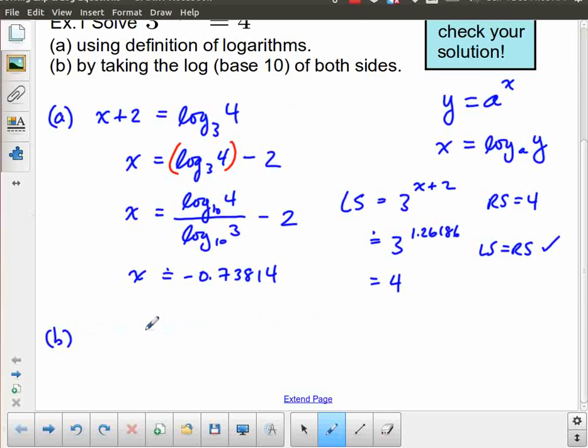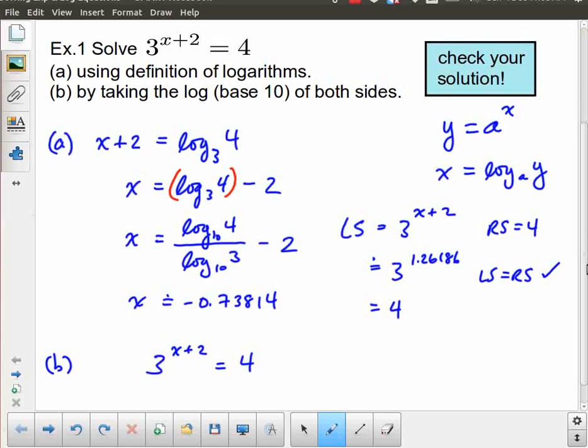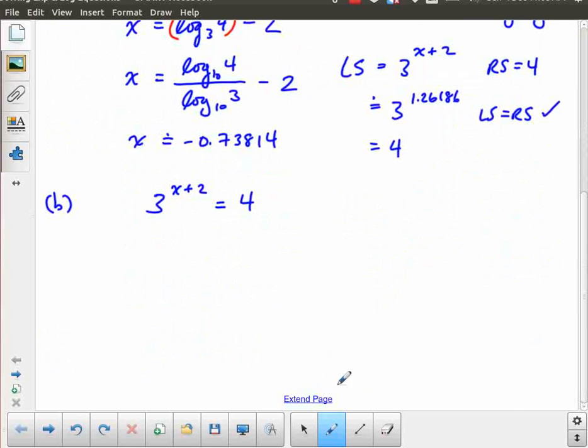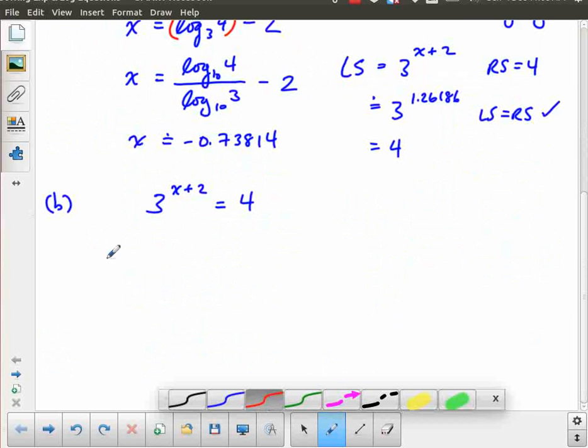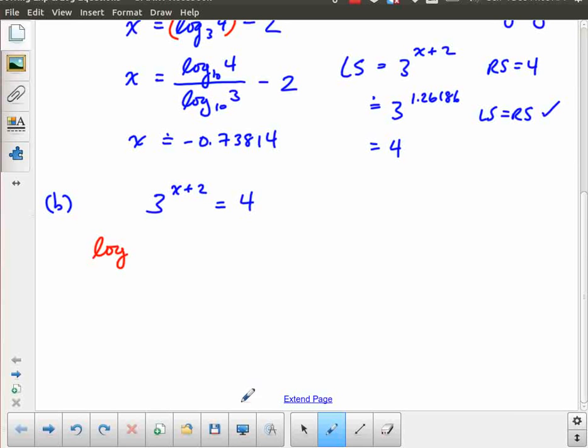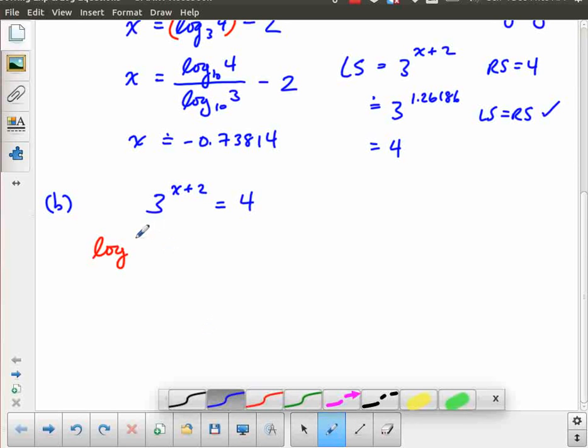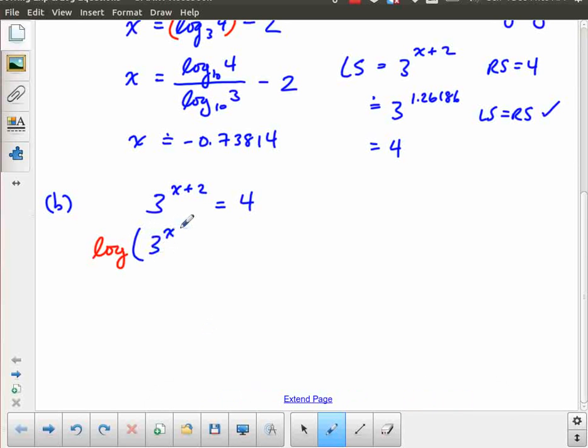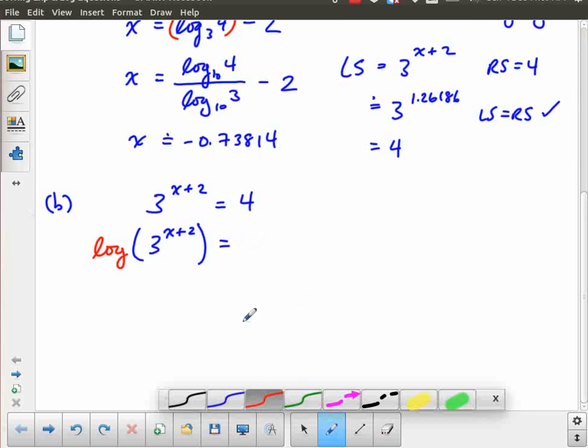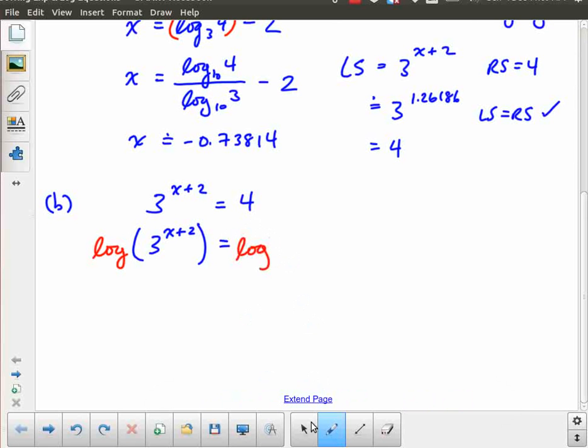Now I think to do this one, I'm actually going to start by rewriting the problem. 3 to the x plus 2 is equal to 4, and I'm trying to solve that. So what I will do is I'm going to take the log of 3 to the x plus 2 equals the log of 4.